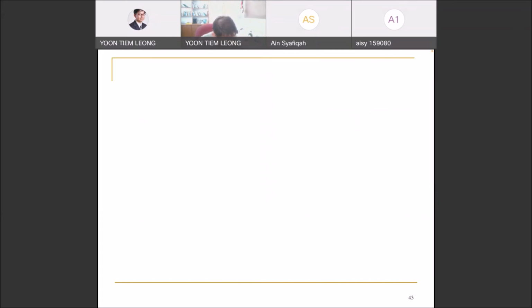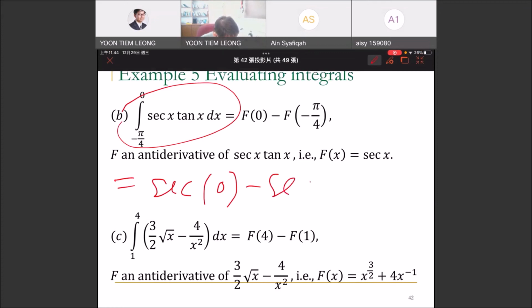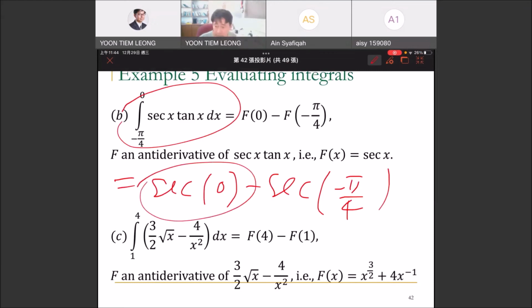So this is simply equal to the antiderivative, which is secant x, evaluated at 0 minus secant x where x here is minus pi over 4. Then you just work out the secant of 0 and the secant of minus pi over 4. Either you remember it from memory or you use the calculator.